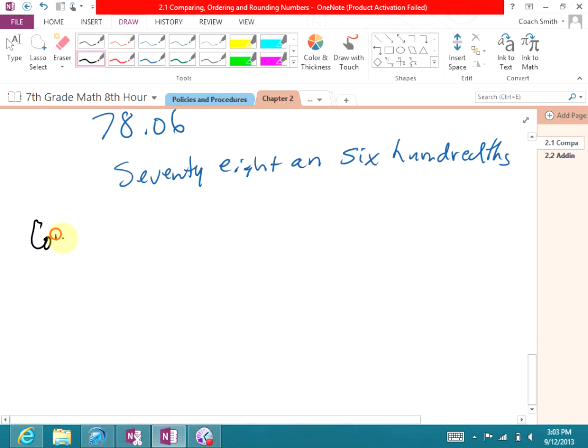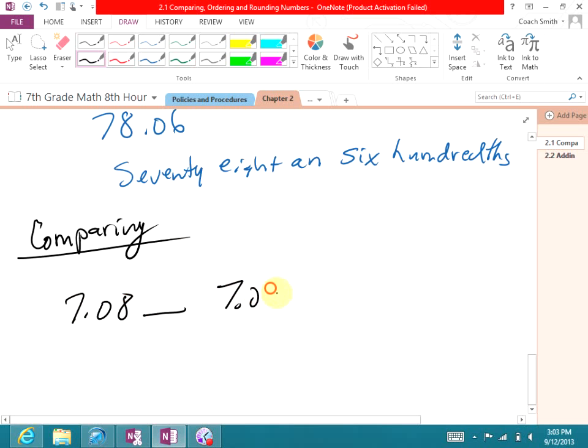Let's talk about comparing them. Let's say I have 7.08 and 7.03. If I want to put an inequality sign in the blank that would make the statement true.